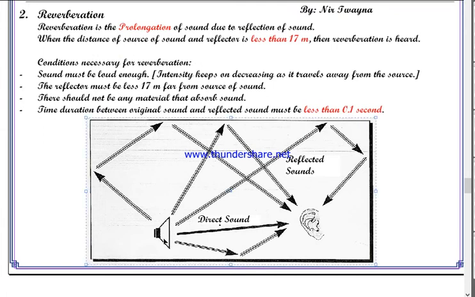Now, this is a speaker from which sound is being produced. One of the sound waves hits directly to your ear, that is direct sound, and other sound waves are reflected by various parts of your room, various walls of your room, and all these reflected sounds also reach your ear. So these reflected sounds get mixed up with direct sound.